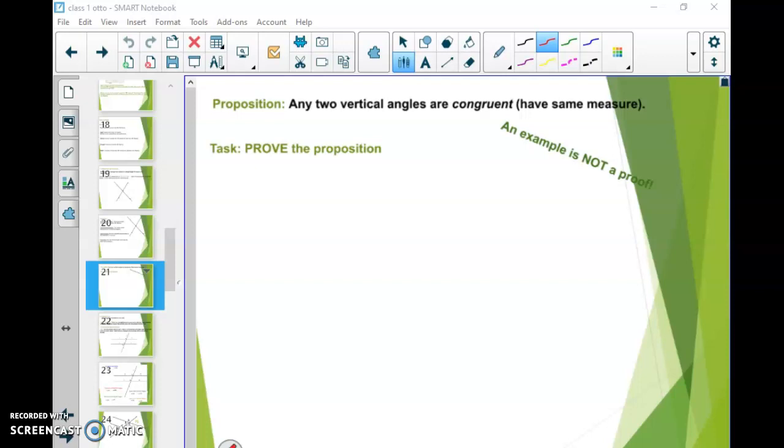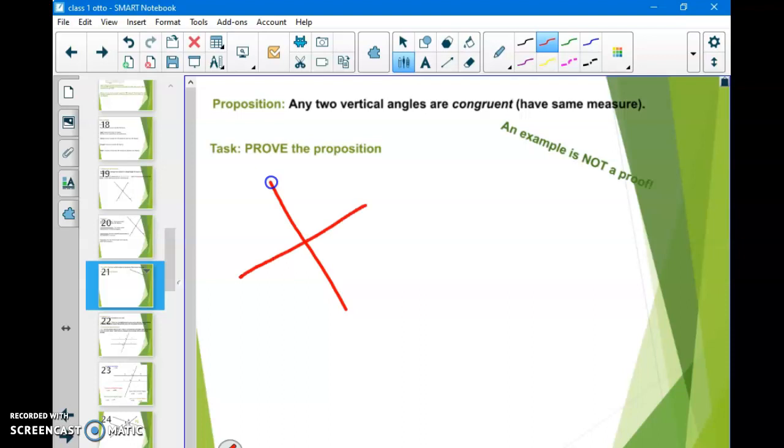Alright, so now we are on the third video, and we're going to try a proof of the proposition that any two vertical angles are congruent. We did a vertical angles question before, but we didn't prove that it's true for all cases.